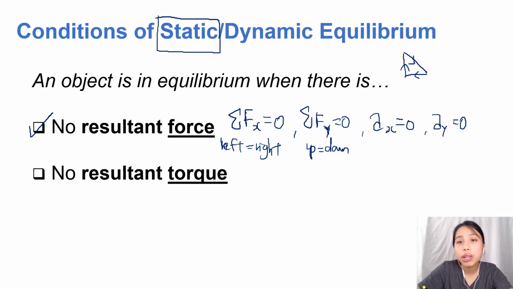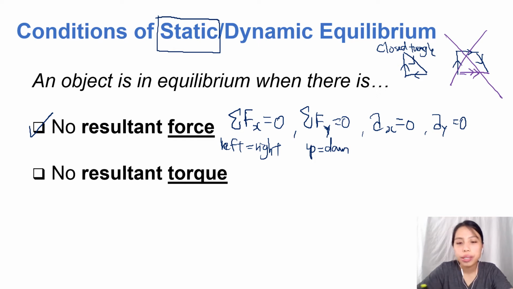If they form a closed triangle, like this, it means it is in equilibrium. Tip to tail, no net force. But what if you have something else like this? 1, 2, and then 3. Uh-oh. Now you have some net force, the purple one. So this one is not in equilibrium.